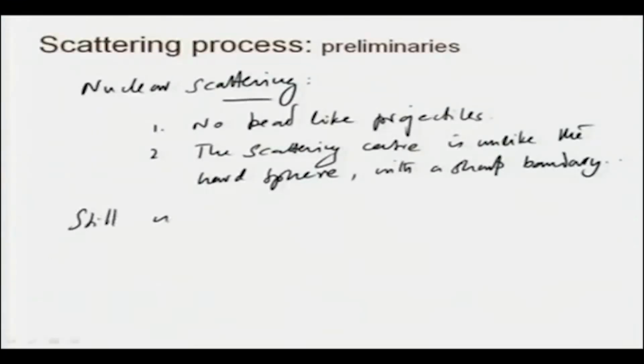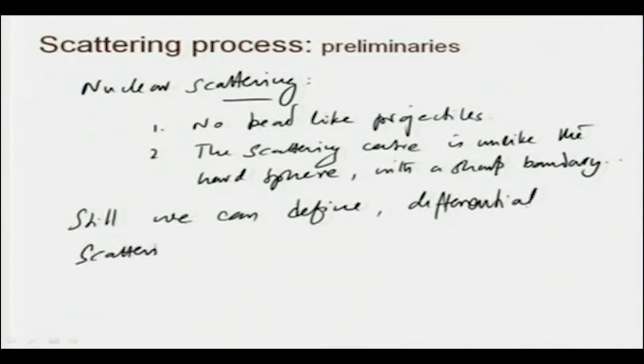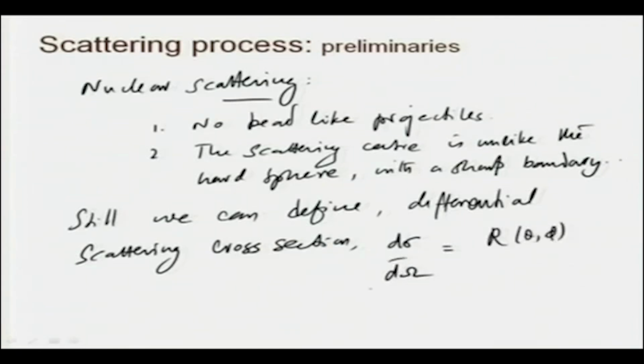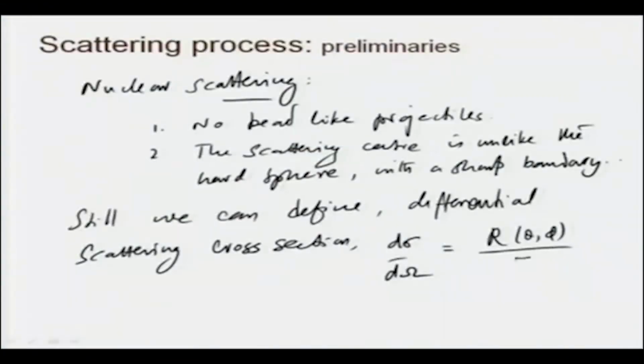But in such cases also, we can still define the differential scattering cross section, d sigma over d omega, which is equal to R(theta, phi), the rate of particles falling into unit solid angle around theta and phi, divided by F.